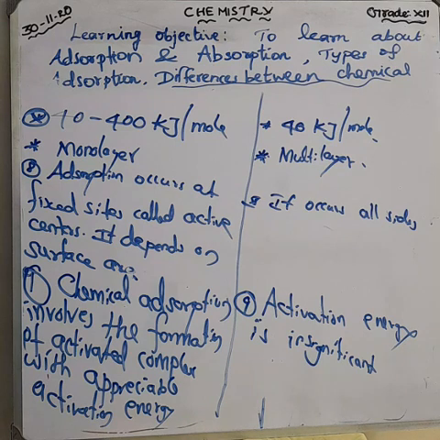Then what is the second point? Chemical adsorption is very specific. Physical adsorption is non-specific. I think we may learn the first two points. Next, the third point. Chemical adsorption increases with increase in pressure.